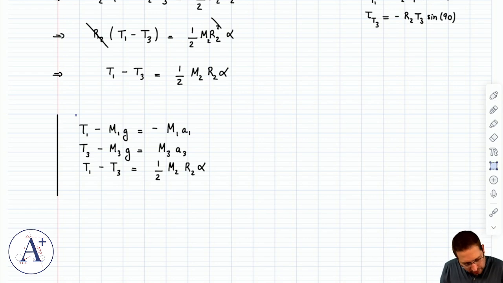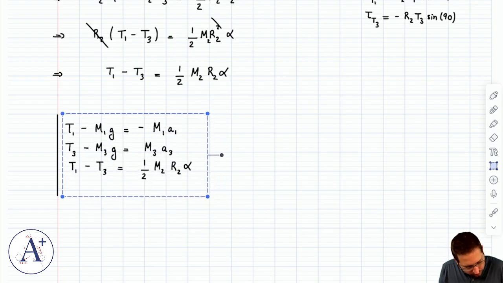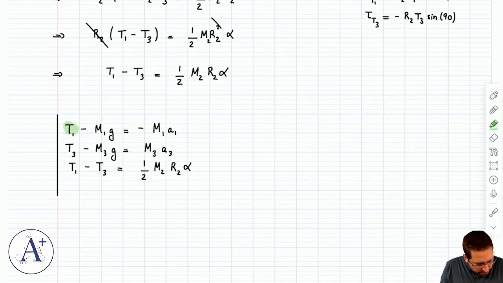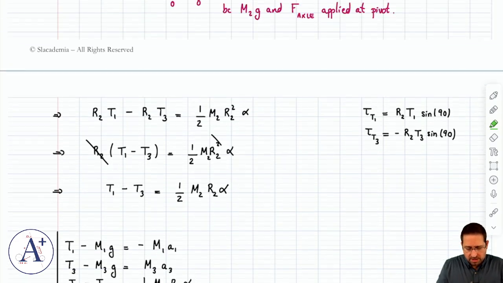All right. And so you might say, well, don't they know about each other? Because T1's in here, T1's in here, and T3's in here, T3's in here, so aren't they all connected? Well, sure, in a sense, yes, but they don't know about each other, meaning that they describe different types of motion, and there is, at the moment, no relationship between the linear motion and the rotational motion of the pulley, which, in reality, there must be.